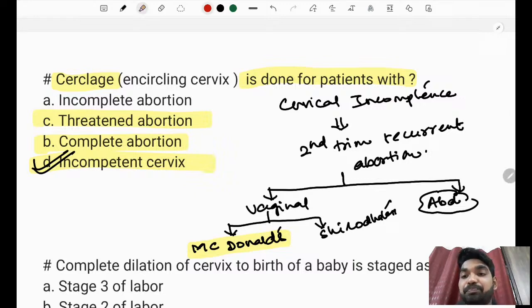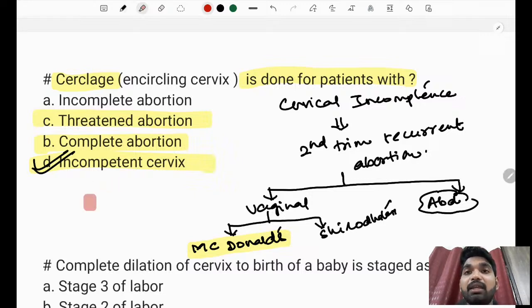In McDonald's and Shirodkar, you are going to stitch the cervix. Remember, here you are making the stitches in the cervix, right? And how will the woman deliver?